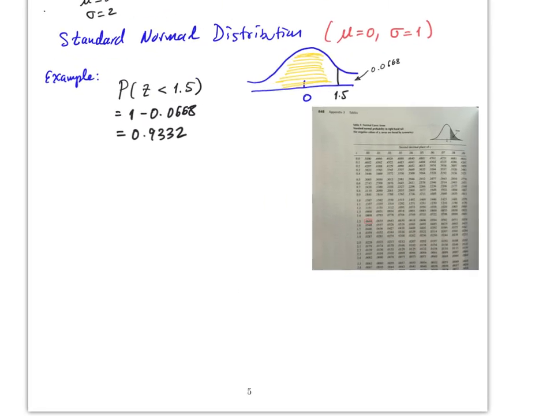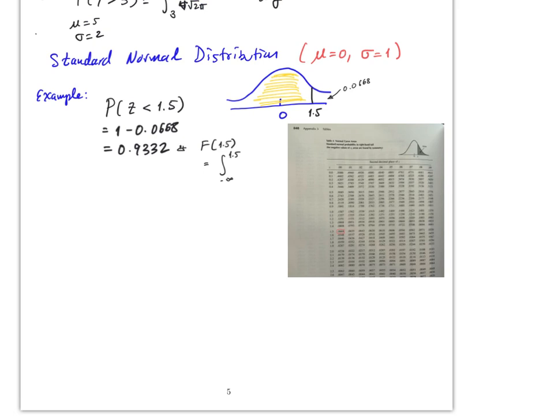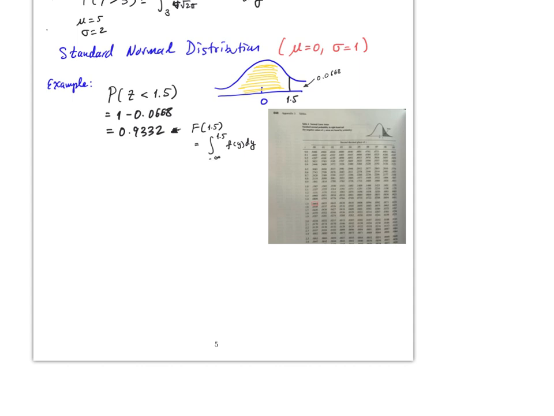Now remember, in theory, this is also F of 1.5, which is the integral from minus infinity to 1.5 of the density function, which again is not going to be that easy to integrate. So that's why we're just going to rely on the tables.